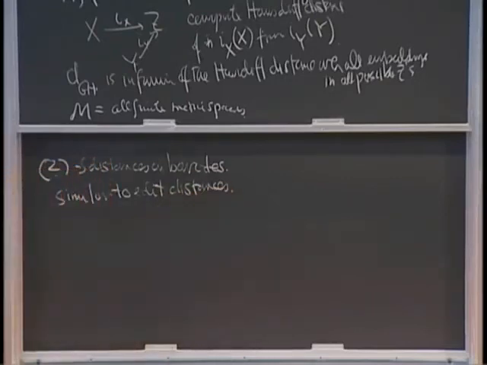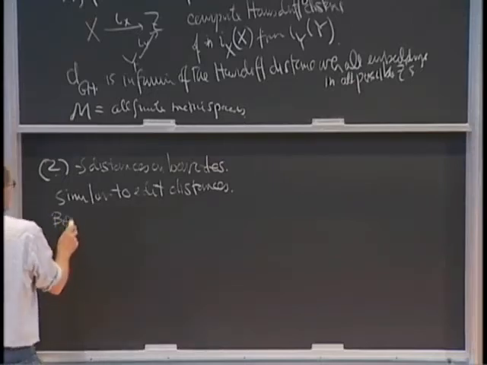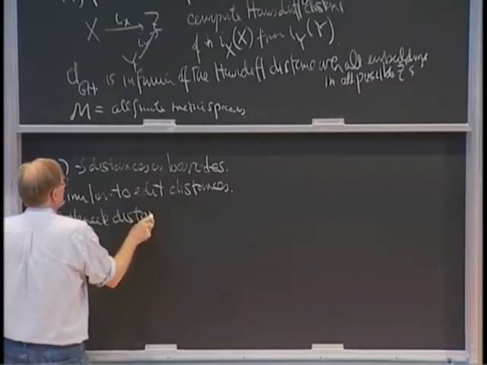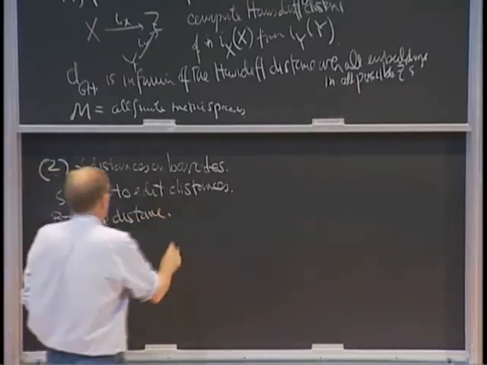What that means is, given two barcodes, you have a collection of intervals. You allow yourself moves, which are to change the endpoints of one of the intervals, or even delete one of the intervals. But for each such move, you pay a penalty, and the penalty is something like how far you moved the endpoints, or how long the interval you removed was. Okay. And so there's a bottleneck distance, as it's called, which is one of these.